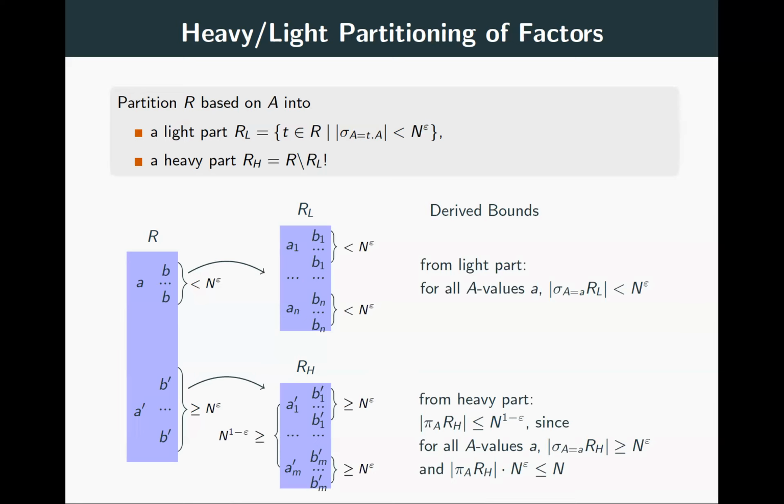But we also know at the same time that if we look at the heavy guys, how many possible heavy guys can we have? Think about it. If every heavy guy appears at least n to epsilon times, and the whole relation is of size n, we cannot have more than n to 1 minus epsilon heavy guys, right? This is also a very important constraint on the sizes that we are going to use in our analysis. Is this clear? Yes? Good.